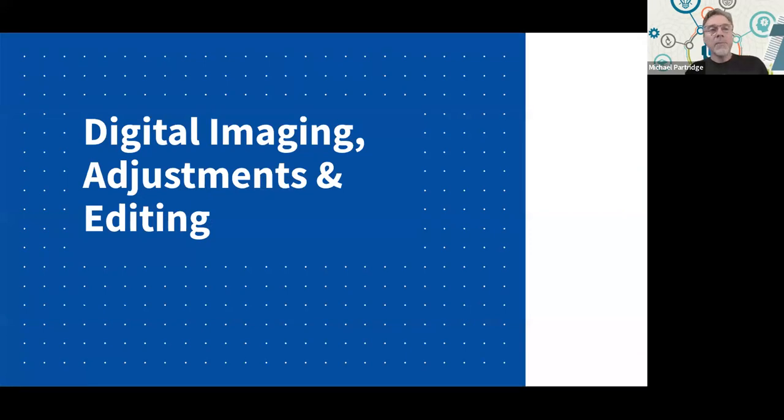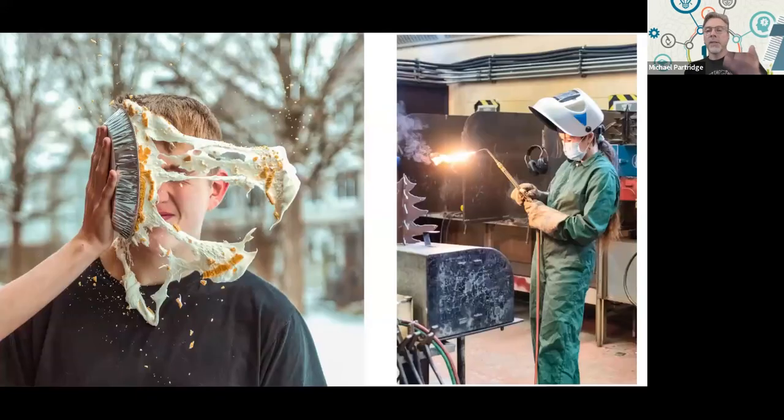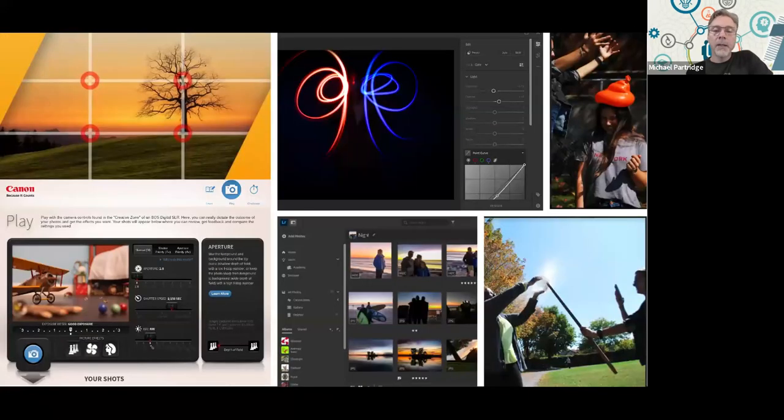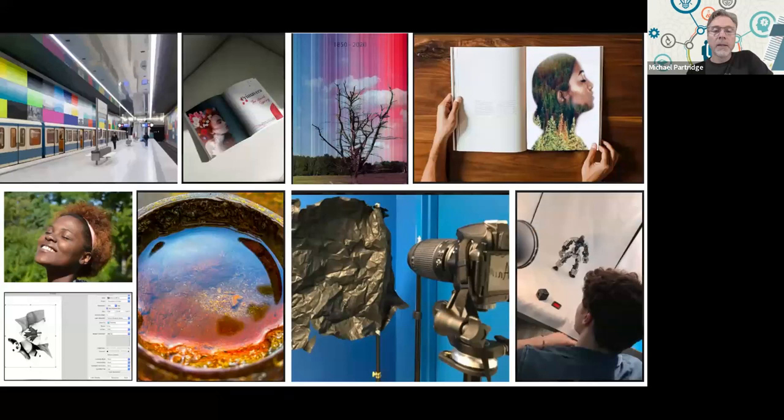So in ComTech or digital arts, you're going to see different things like this, where you're working in photography, setting up the shots, setting up the lighting, looking about the different components of good photography, working with Adobe products in all of our ComTech and digital arts courses.